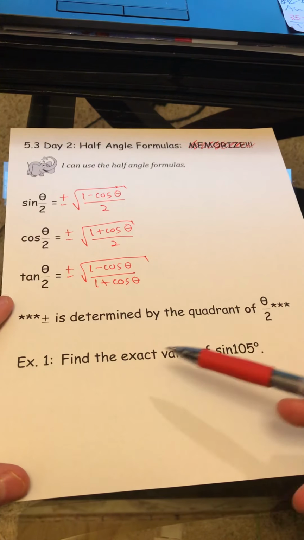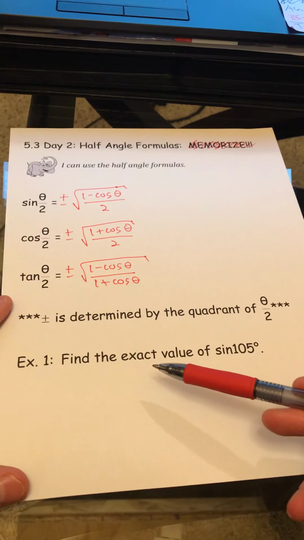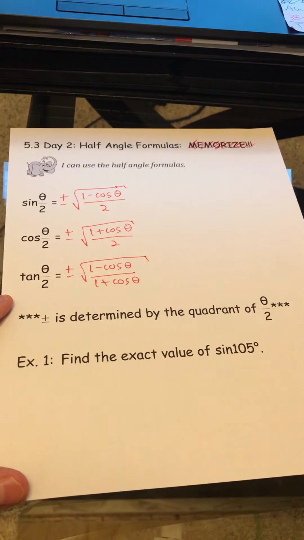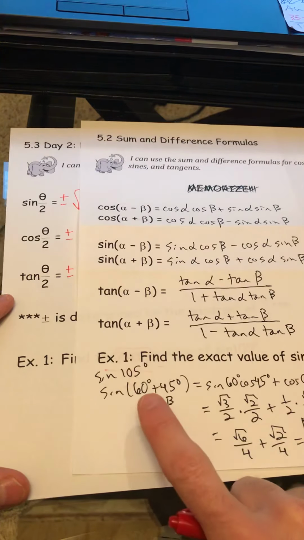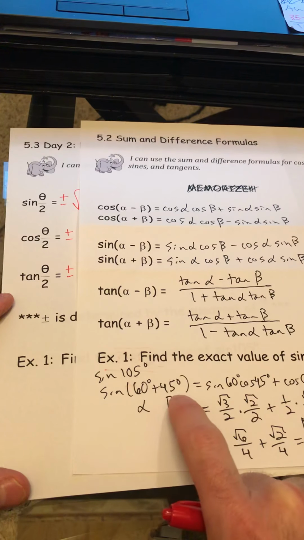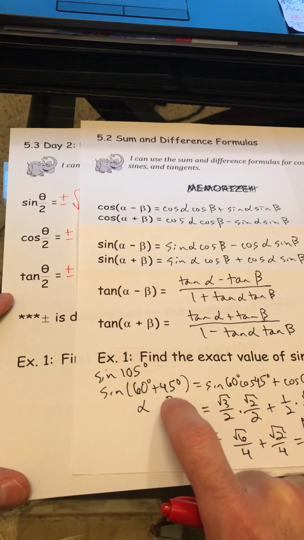So, for example 1, and this is actually the only example we use for the half angles, we're going to find the sine of 105 degrees. Well, as I mentioned, we're going to compare to some of the sum and difference questions. One way of looking at this was we treated the sine of 105 as 60 plus 45 degrees.